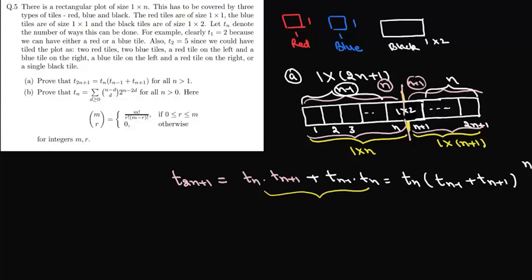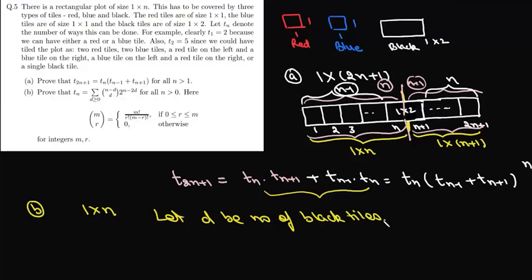Now the second part is: prove that Tn is equal to the summation over d greater than or equal to 0 of n minus d choose d, times 2 to the power n minus 2d, for all n greater than 0. For the second part, we have a plot of size 1 cross n, and let d be the number of black tiles that we have used.